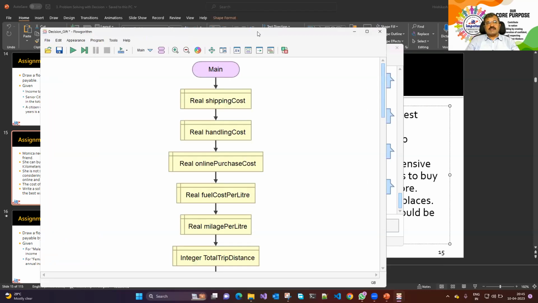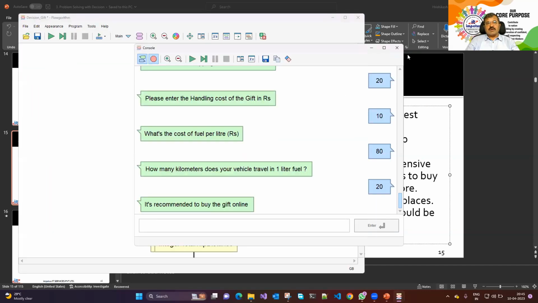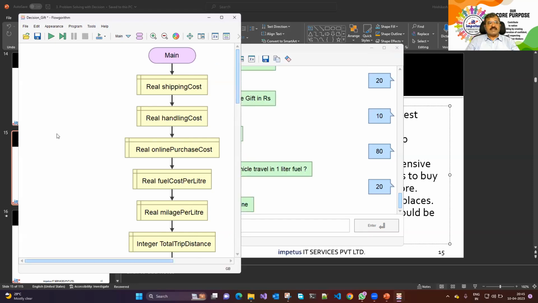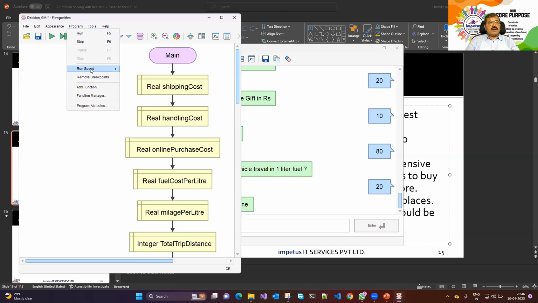The good part over here is that while we are running this particular code, we could see the flow by slowing down the speed with which it gets executed. So that's an option that we have. Let's try that as well. Speed, I'll take slow. Watch it carefully.